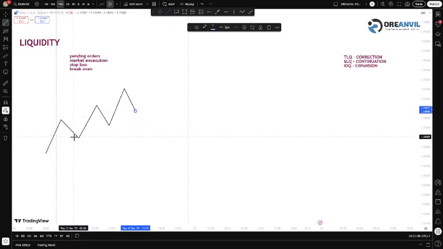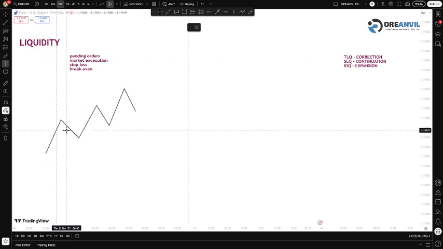In every push in the market, when you have higher high, higher low, higher high, higher low, these are all transactions in the market: one transaction, two, three, four, five.